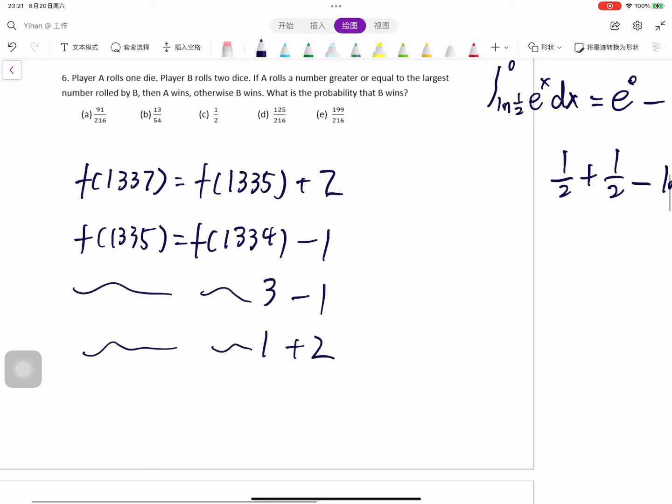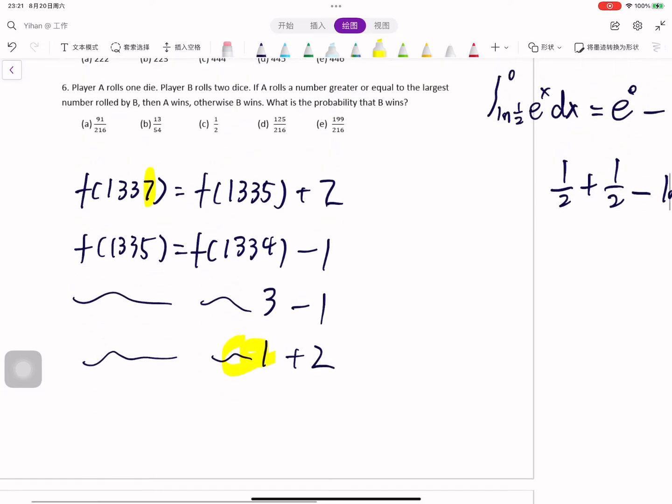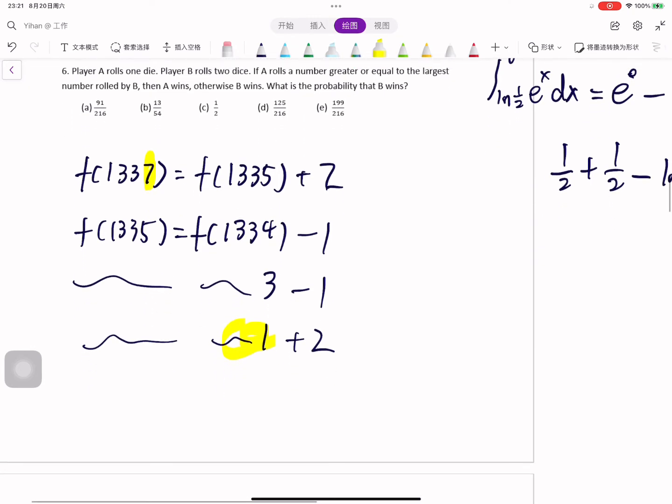So, as we can see, we have 1337 to 1331, and the number of it plus 2, because they cancel out. So whenever the number in it minus 6, the value of it plus 2.